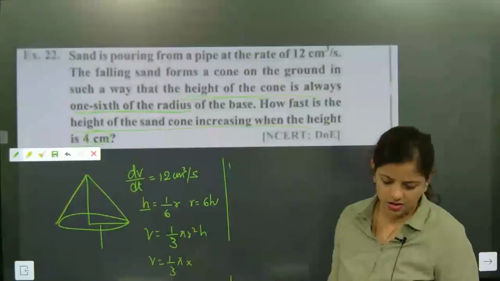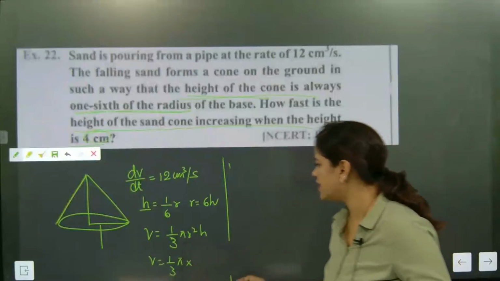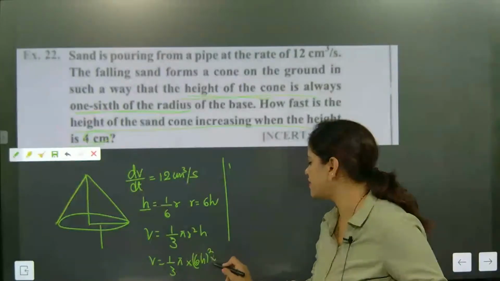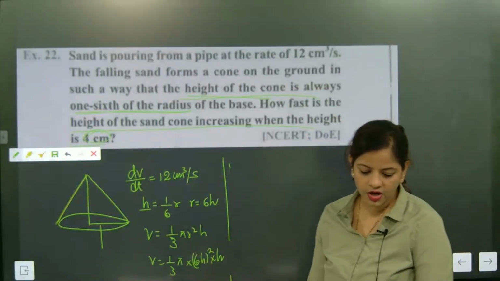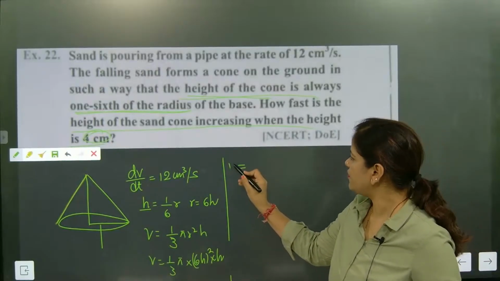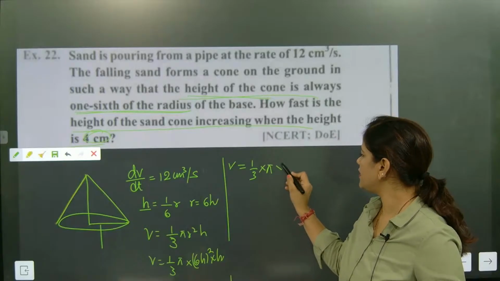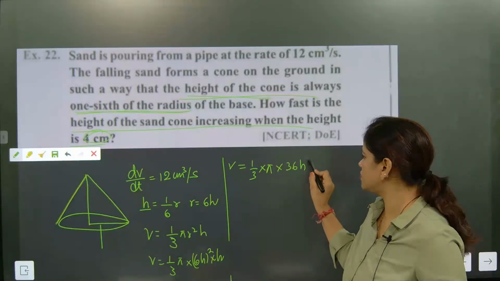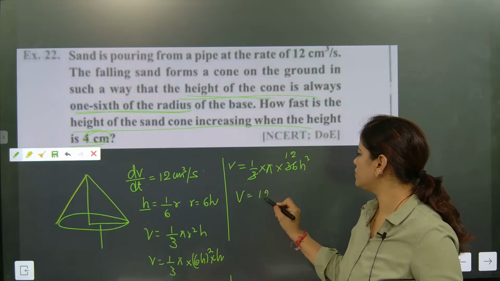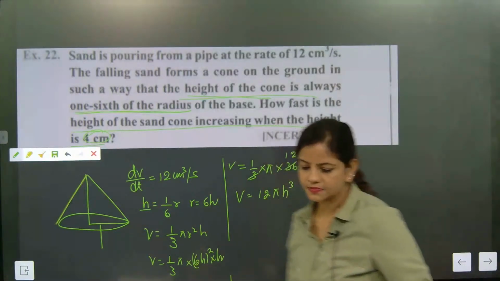I just changed it. So radius will become 6h whole square into h. Now check this one out beta. Now it is coming as v is equal to 1 by 3 into pi into 36 h cube. So v is equal to 12 pi h cube. Done.